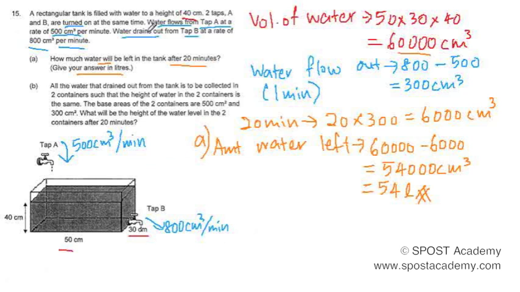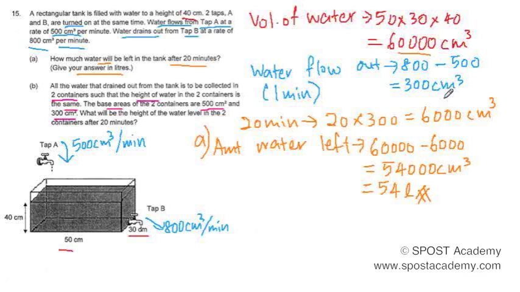Now for part B, it says that all the water that's drained out is to be collected in two containers such that the height of water in the two containers is the same. And the base areas of the two containers are 500 cm square and 300 cm square.